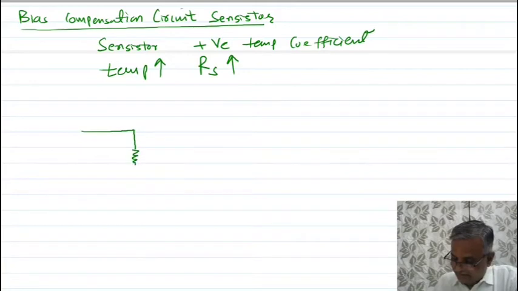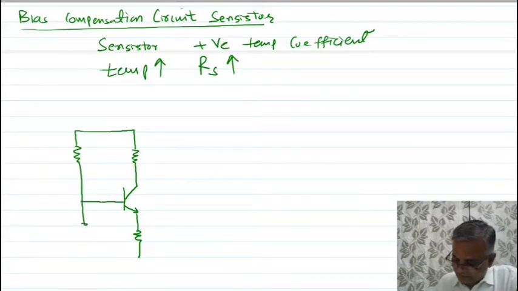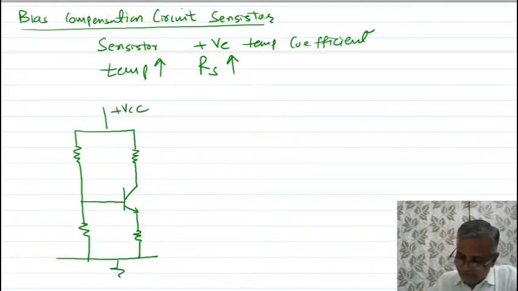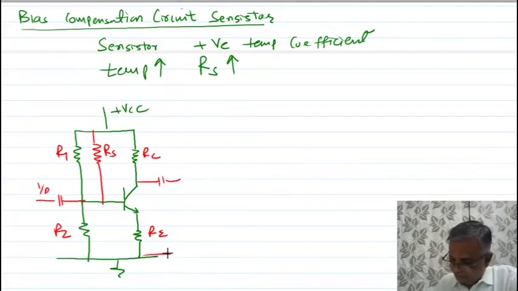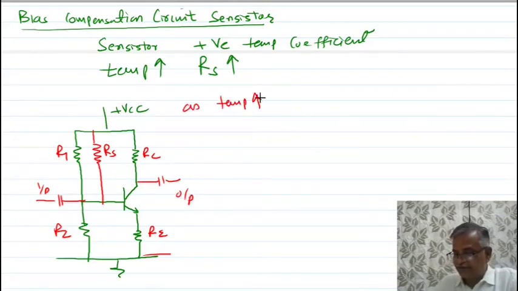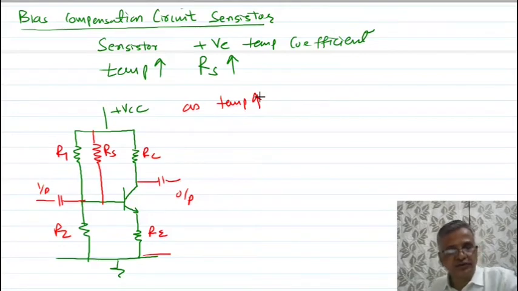The circuit diagram for a common emitter amplifier using a sensistor is as shown in the figure. This is the circuit diagram with VCC. This is RS, this is RC, R1, R2, RE. This is your input signal, this is your output. The sensistor is kept very close to the transistor.